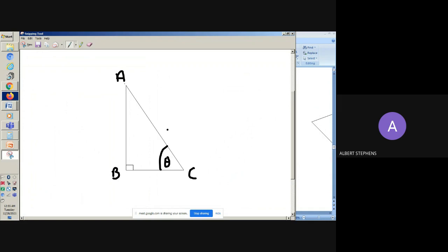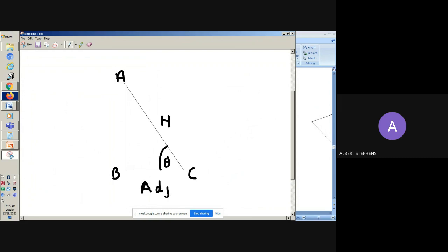Now, the longest side is the hypotenuse, and the hypotenuse is always opposite the right angle. So AC is our hypotenuse. Now, if theta is our reference angle and at B is our right angle, between these two angles is what we call our adjacent side.